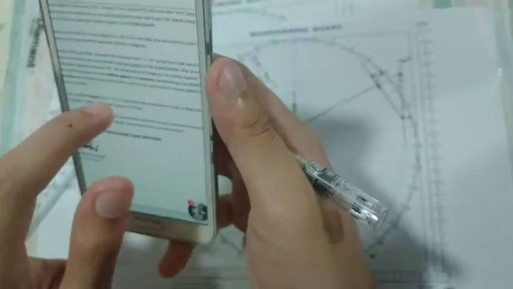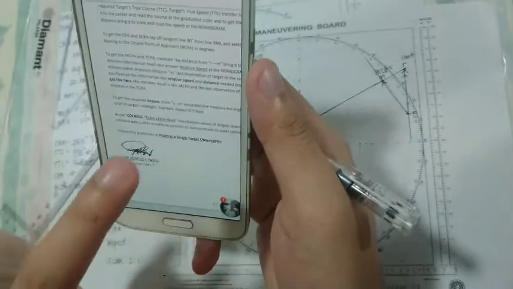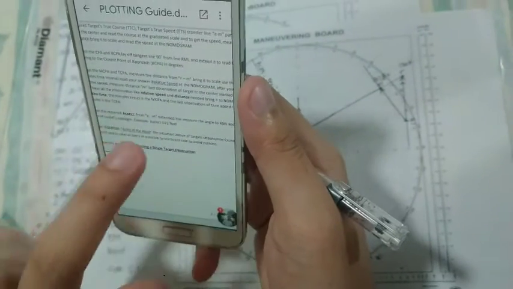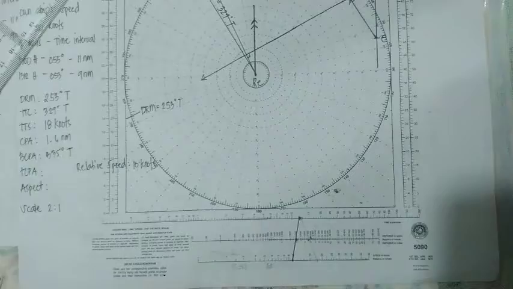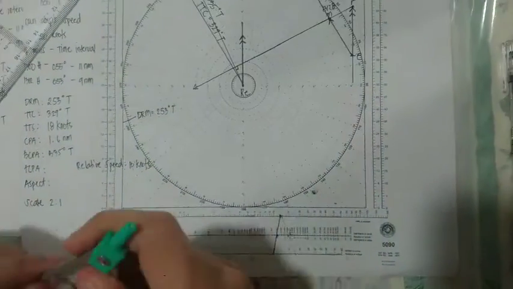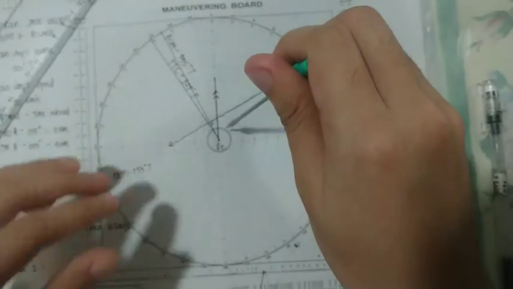Then after you have the relative speed, measure distance M, last observation of the target, to the center mark RE. So imo nang i-measure ang M padulong sa RE o sa center.